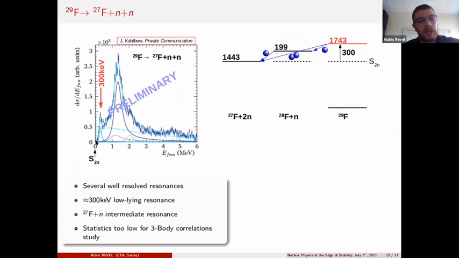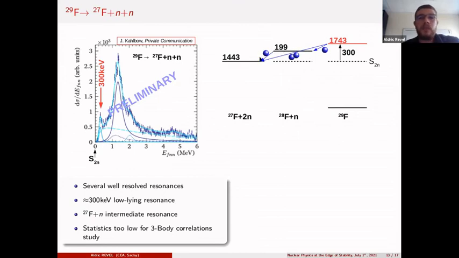We observe several resonances that are well resolved, but in particular one which seems very narrow at about 300 keV from the 2-neutron emission threshold. If we place this in the decay scheme, it sits about 100 keV above an available resonance in fluorine-28 that has been observed in the same experiment.